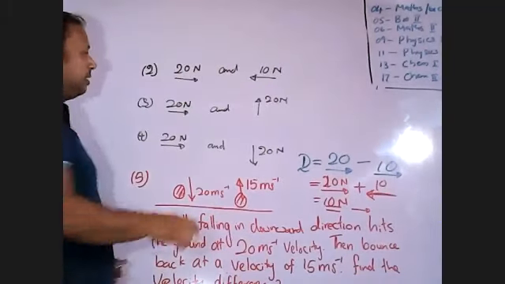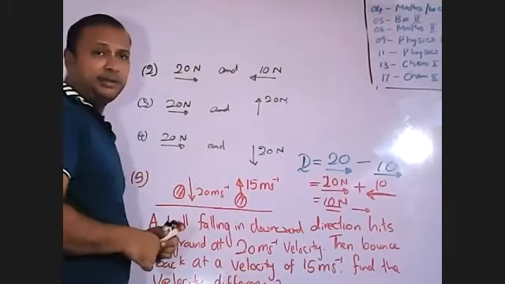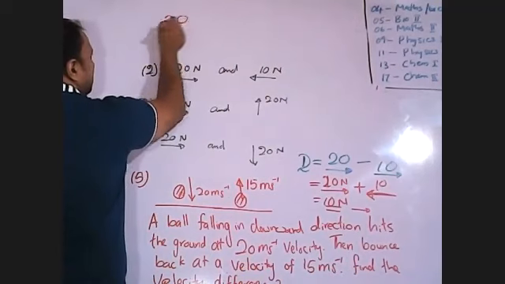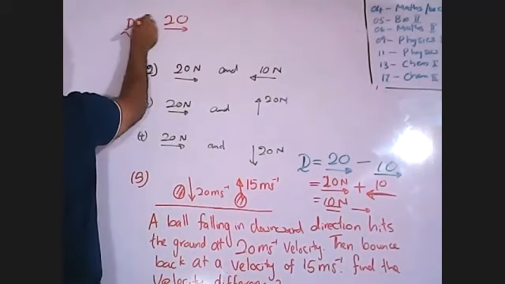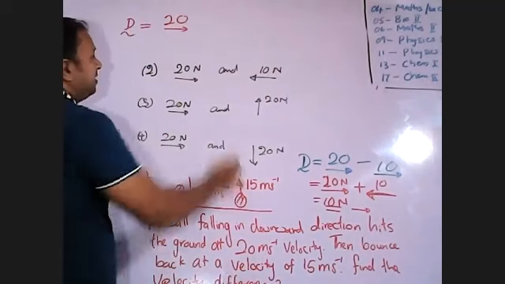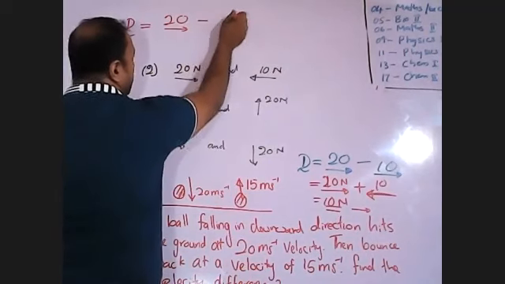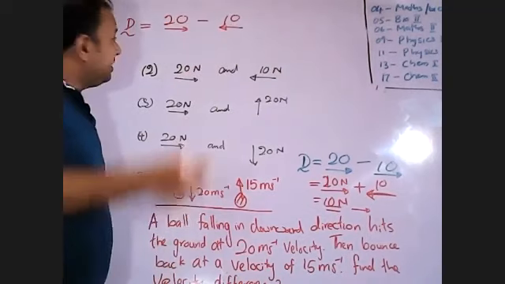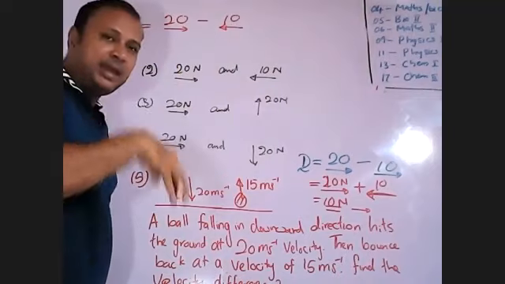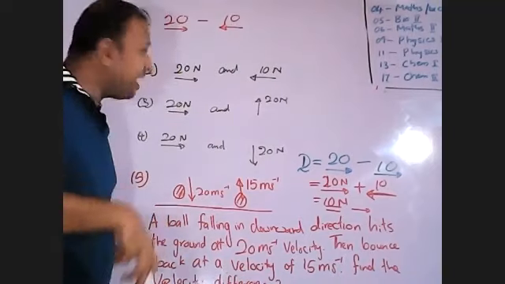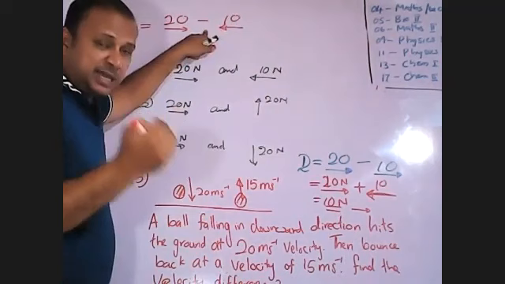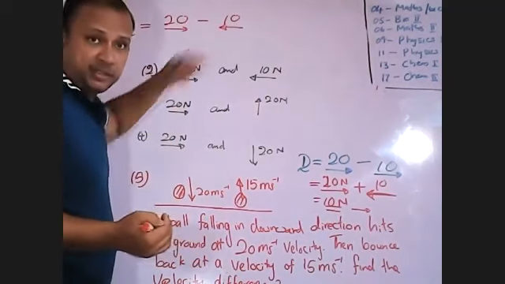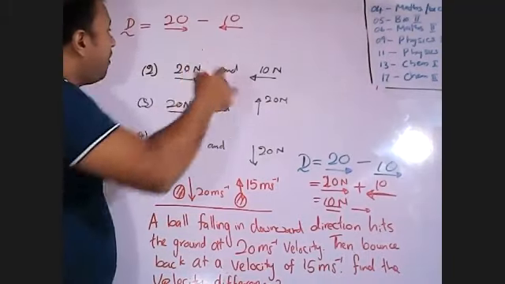Then this one: 20 Newton and 10 Newton, but they are in opposite directions. 20 Newton is in this way. You have to get the difference vector, and minus 10 Newton in this way. Then again, my basic argument. What is my basic argument? If there is a subtraction, I have to add the negative vector of the second vector.